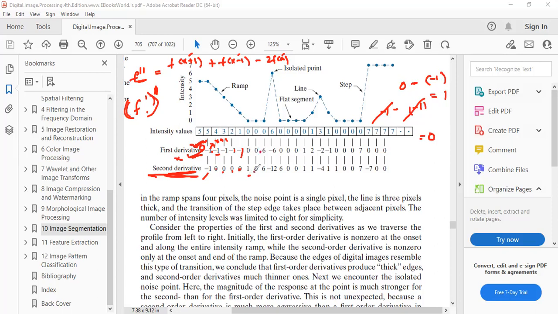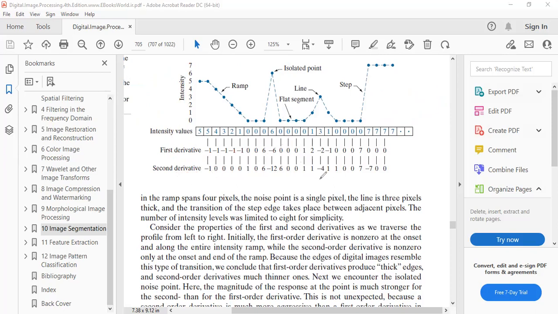Next 0 minus 0, 0. 6 minus 0, 6. Minus 6 minus minus 6, so 12. 0 minus of minus 6 is 6. Like that we have to calculate second derivative.